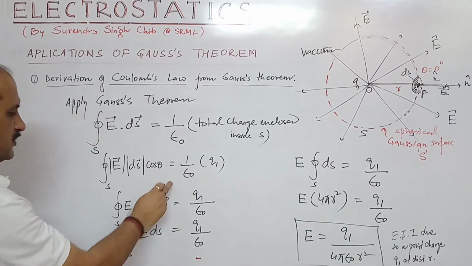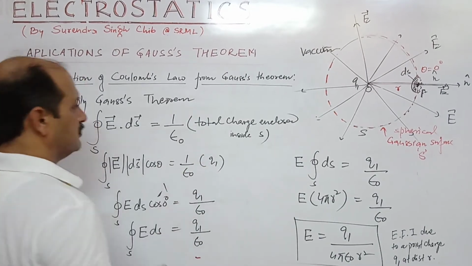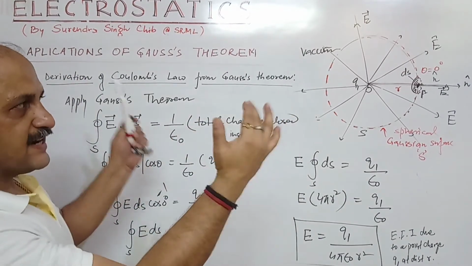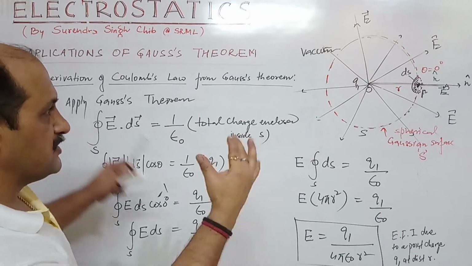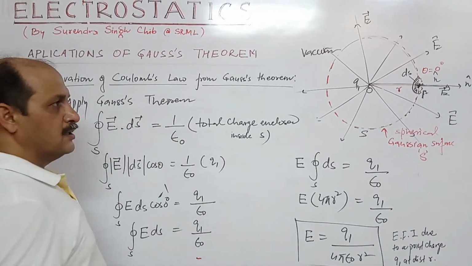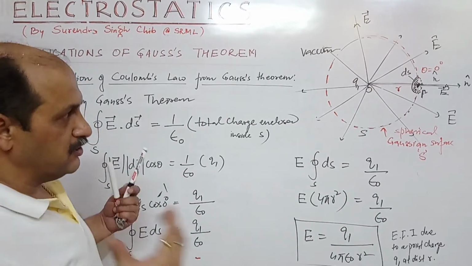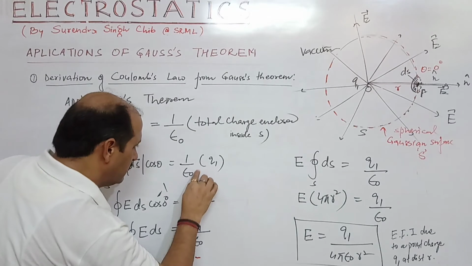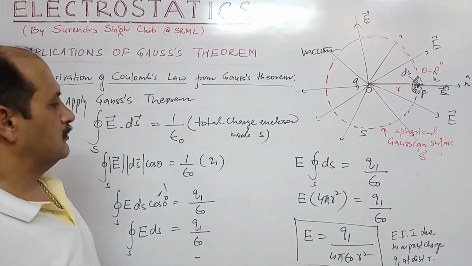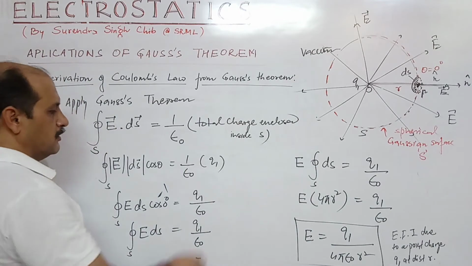It is 1, so E ds. Now this side, 1 upon epsilon naught. What is the total charge enclosed inside the Gaussian surface? There is only one charge, that is Q1, and it is vacuum, so we have epsilon naught. If it is not a vacuum but a dielectric medium, we will multiply epsilon naught with epsilon r. It is Q1 upon epsilon naught.